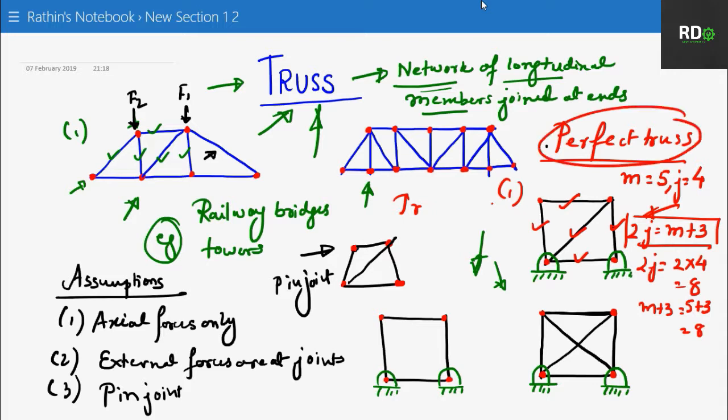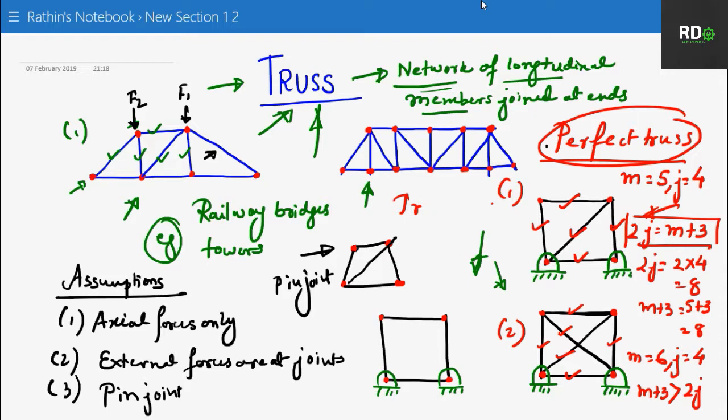In example number 2, you can see there are 1, 2, 3, 4, 5 and 6, that is m is equal to 6. Again there are 4 red dots, that is j is equal to 4. Here m plus 3 will be greater than 2j.